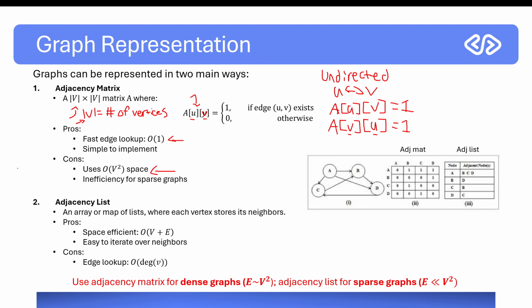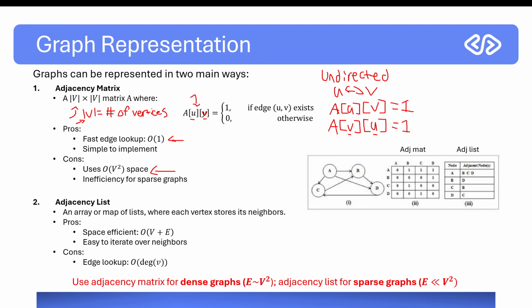For the adjacency list, you're going to have an array of magnitude V, and for each vertex, at that index you're going to have another structure. It could be a bag data structure or another array. You're going to have a collection of the vertices to which it has an edge.